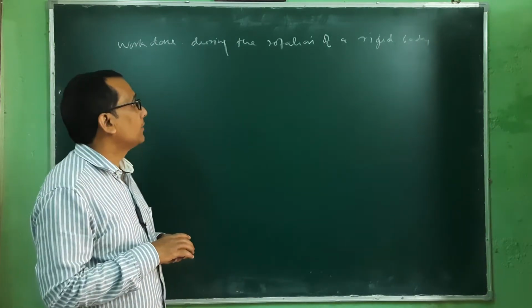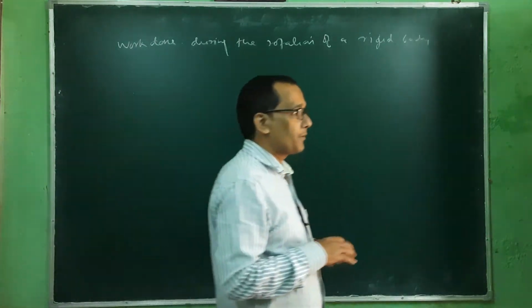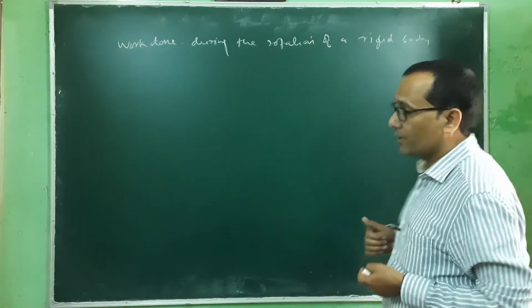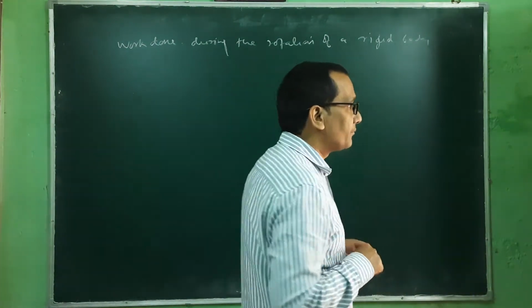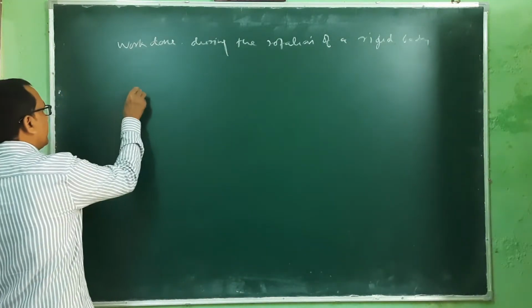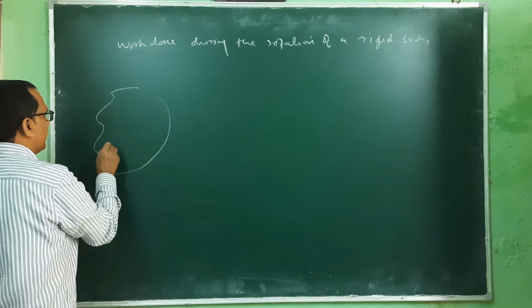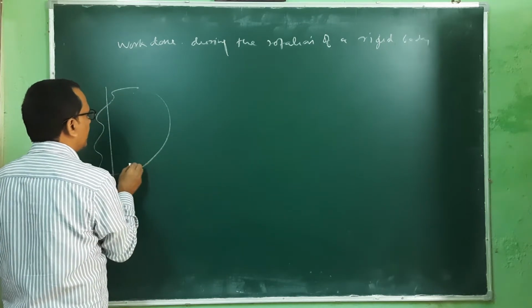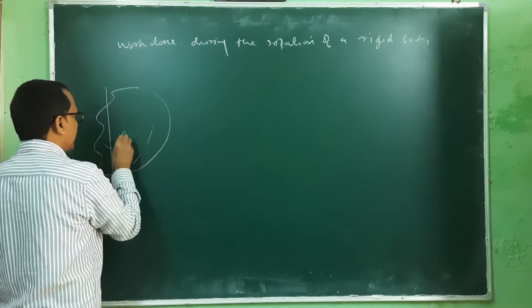We will cover some remaining topics of this chapter, and one of these is the work done during the rotation of a rigid body. So this is that rigid body, and this is the axis, and this body is rotating around this axis.